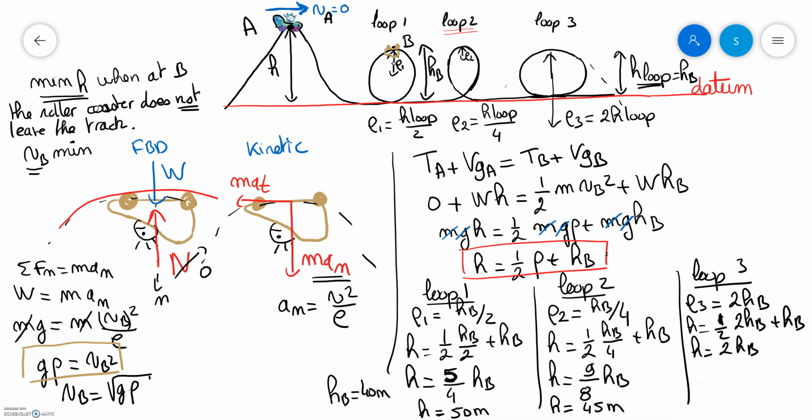In this case, if HB equals 40 meters, h should be equal to 80 meters. So you see, for the same height of every loop, in one case we need only 50 meters, 45 in another, and 80 meters for this one.